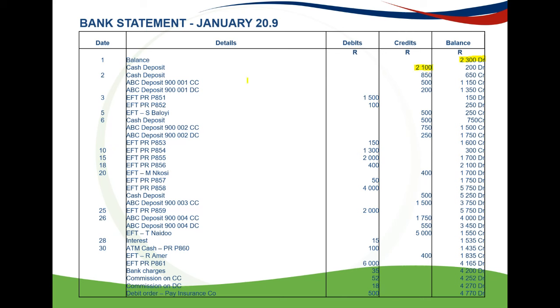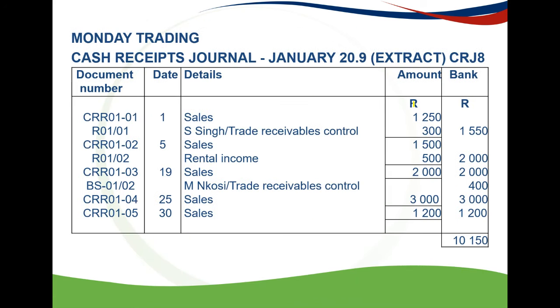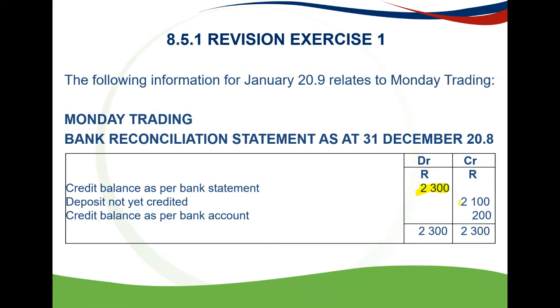We say deposits must be on the credit side. We're happy with that entry, it's correct. So we know that 2,100 is not outstanding anymore. We're going to later come back for this because this is the credit balance as per our bank account.